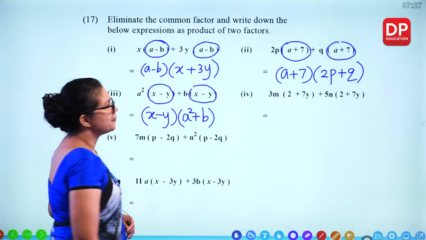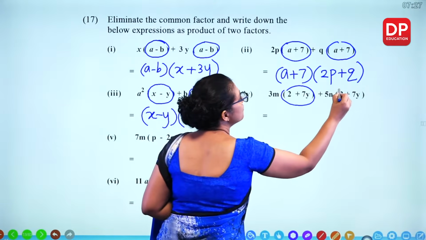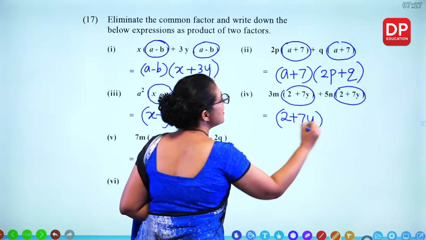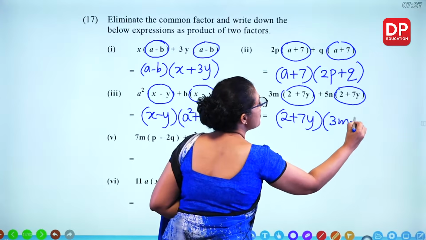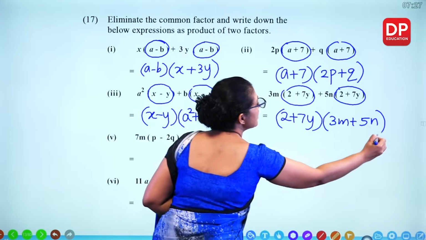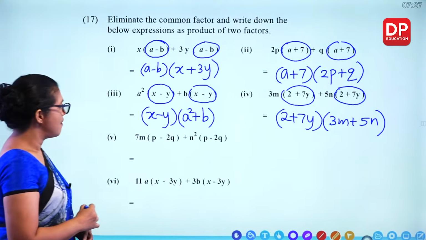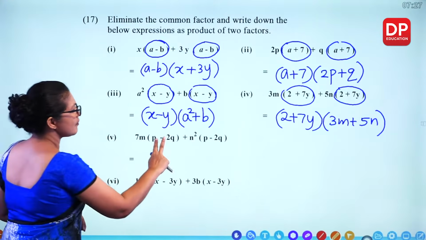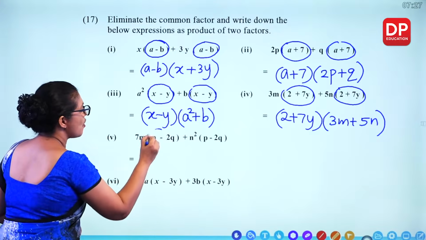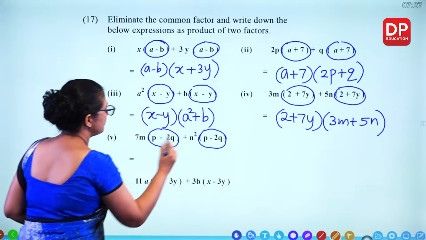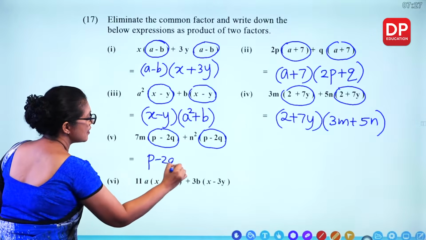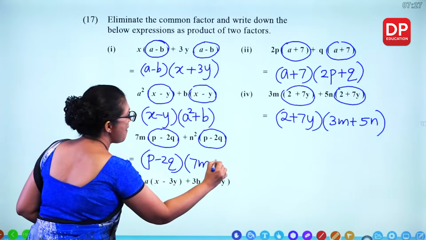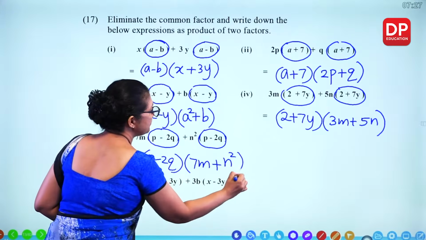This one, what's common? 2 plus 7y is common. Take it out and write down the remaining part inside. Look carefully at this one. P minus 2q is common. Take it out and write down the remaining part. 7m plus n squared.